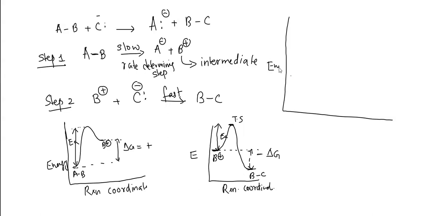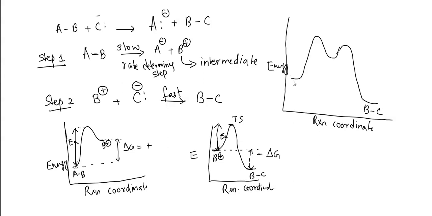Again, energy on the y-axis and reaction coordinate on the x-axis. Here we have the reactant forming the product, which was my B plus. This is an intermediate product, and then the final formation of my product BC.